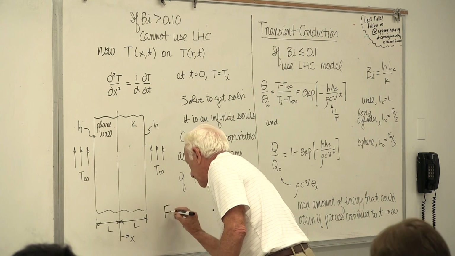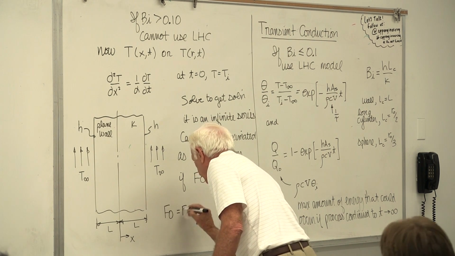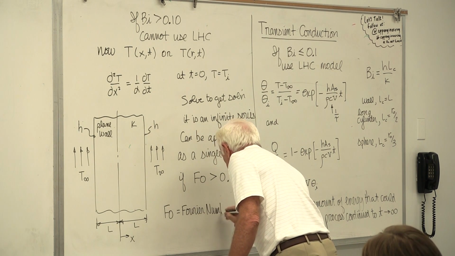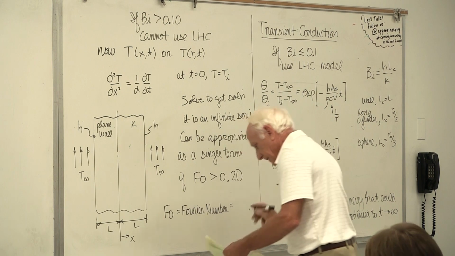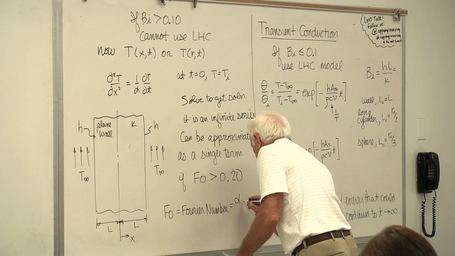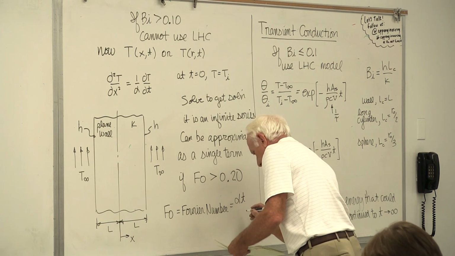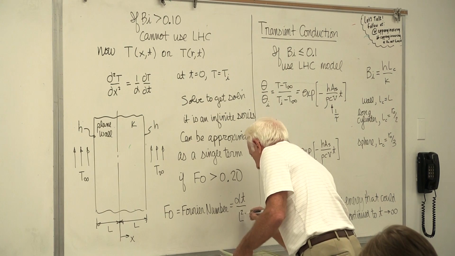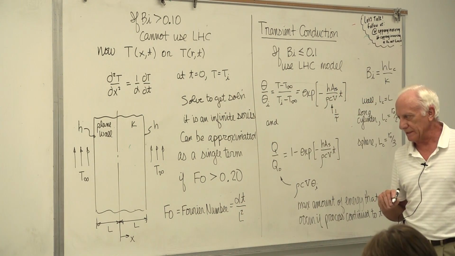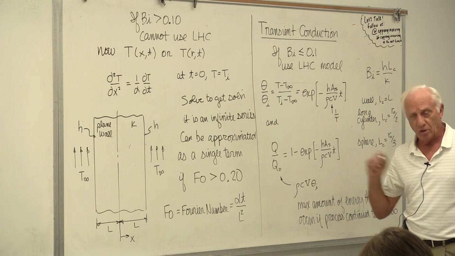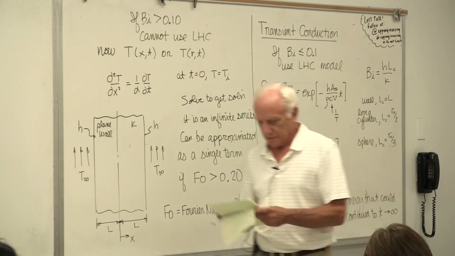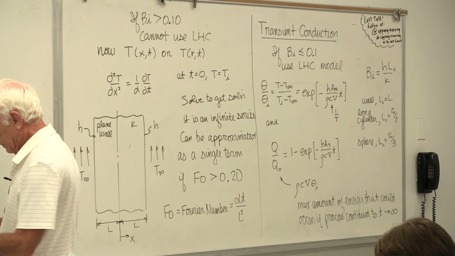So a new dimensionless term: the Fourier number. Fo equals alpha t over L squared, thermal diffusivity times the time in seconds divided by, for the wall, the half wall thickness squared. If we do that, the equation looks like this.